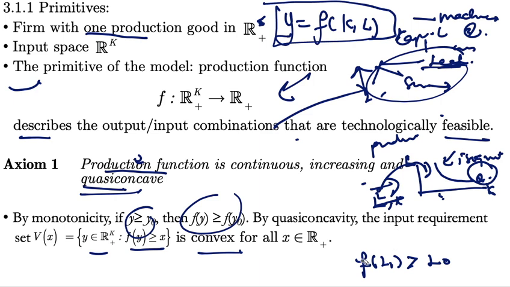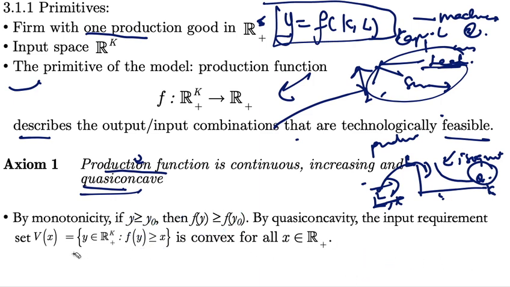Use this first. So if we go back to this, by quasi-concavity, the input requirement set, which is here, is convex for all x element in R plus. For all input as a member of the set of output.